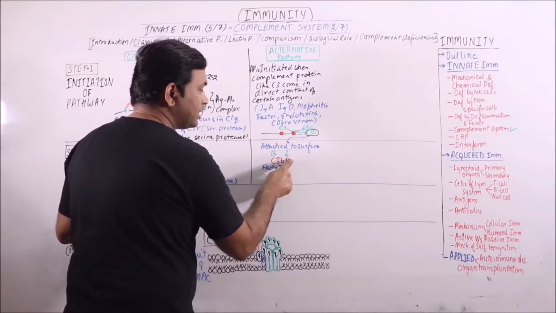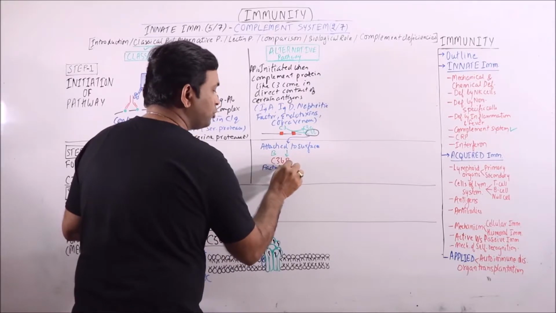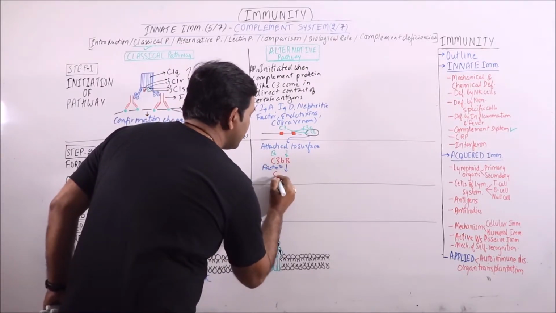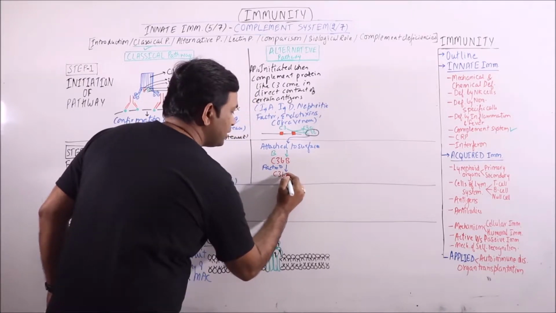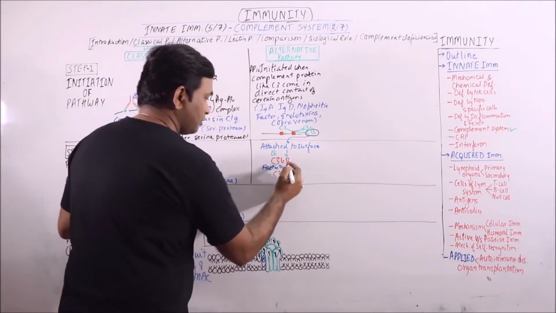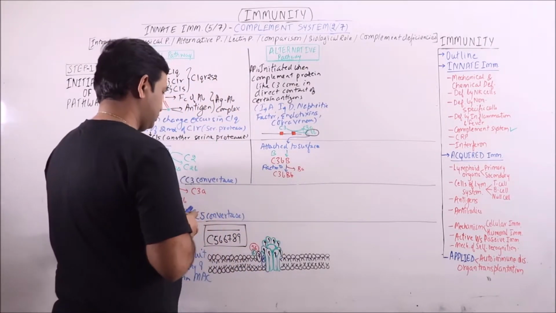Which factor? B will undergo lysis to form Ba and Bb. Small a will be released and capital B small b will remain there. That is C3bBb, with release of Ba.